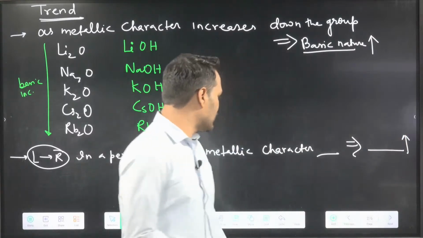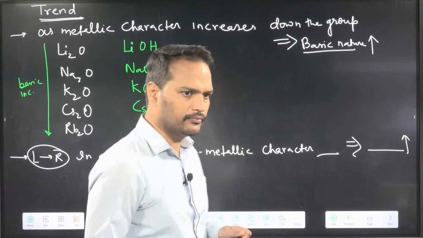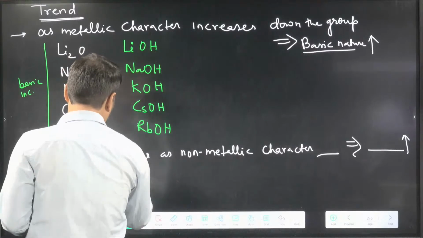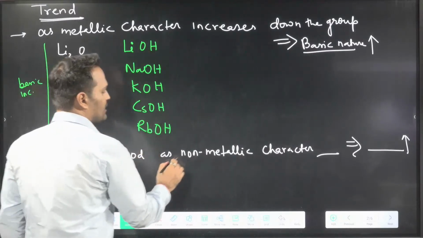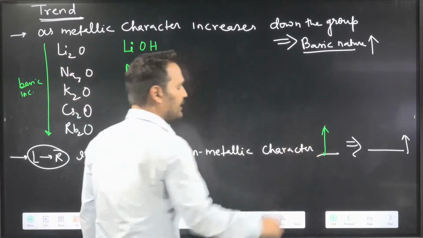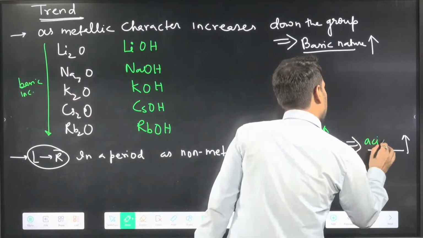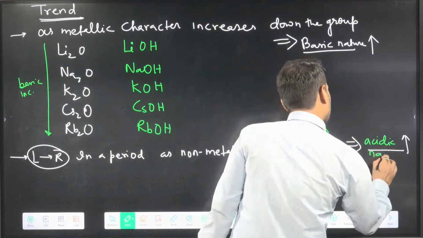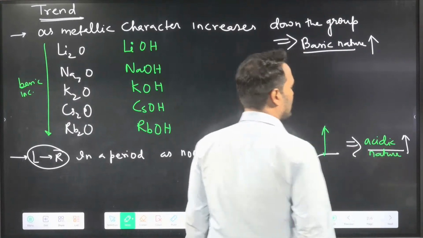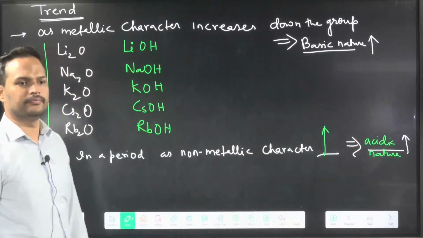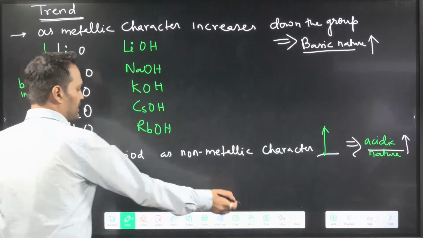Fill in the dash. In a period, as non-metallic character increases from left to right, acidic nature increases. Can you see this point? Acidic nature increases.